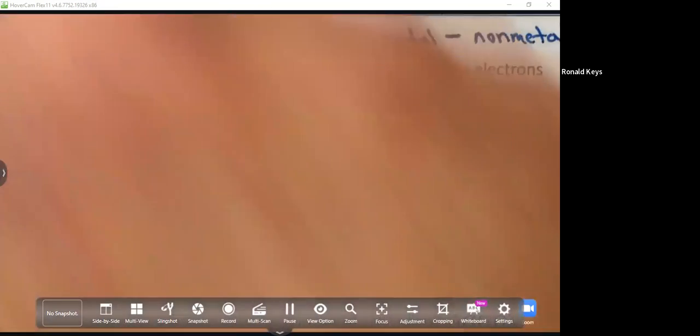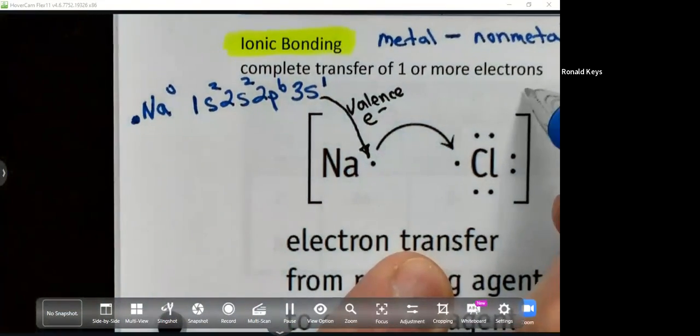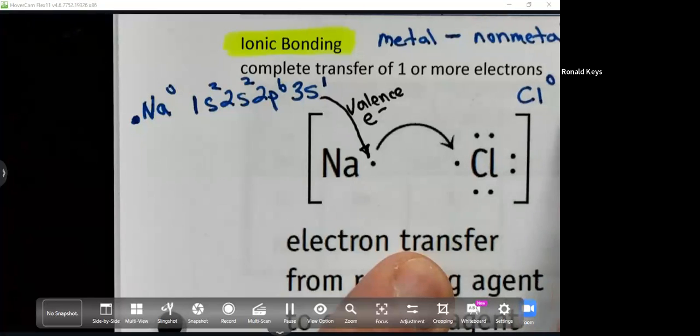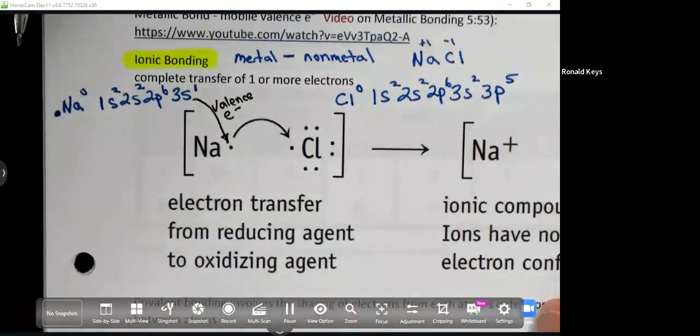Okay, so if we do chlorine, it would be 1s2, 2s2, 2p6, 3s2, and 3p5, right? Neutral chlorine.